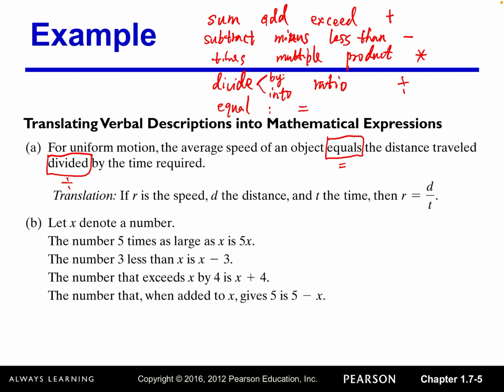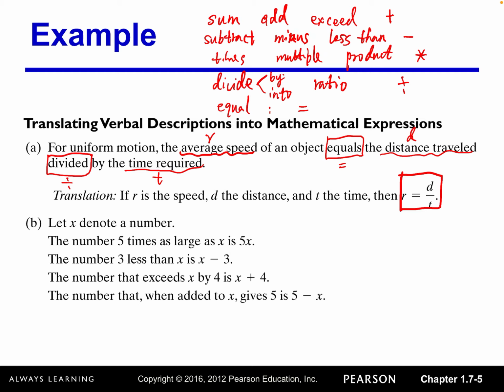Average speed of an object, let's use R to represent. The distance traveled, let's use D. The time required, let's use T. Then we can easily translate this sentence into a mathematical expression: R equals D divided by T.